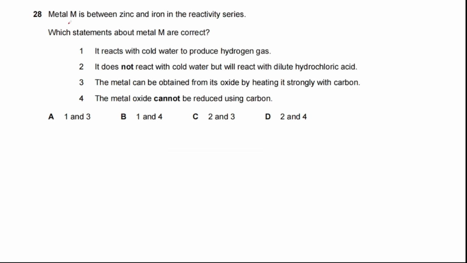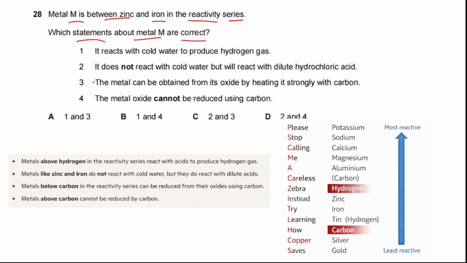Question number 28. Metal M is between zinc and iron in the reactivity series. Which statements about metal M are correct? The reactivity series is this one. The first point is that it reacts with cold water to produce hydrogen gas. Only the highly reactive metals react with cold water.